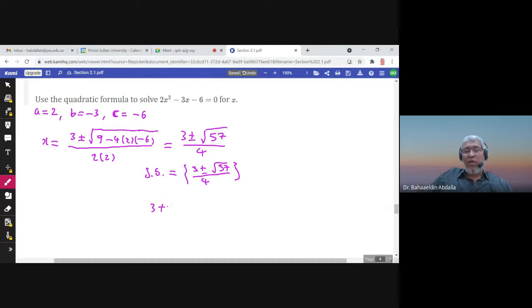So here we have two different solutions. One of them is 3 plus the square root of 57 over 4, and the other one is 3 minus the square root of 57 over 4.